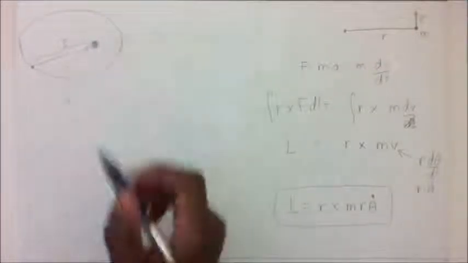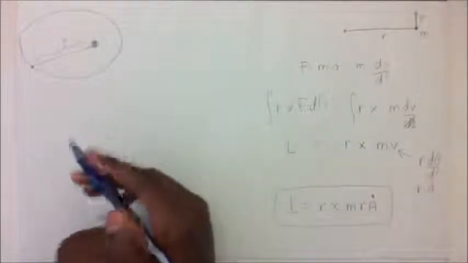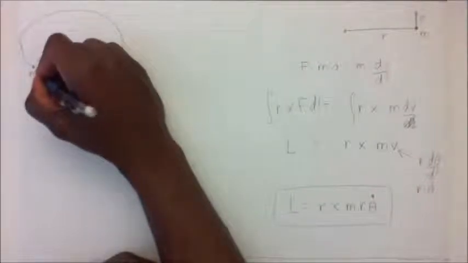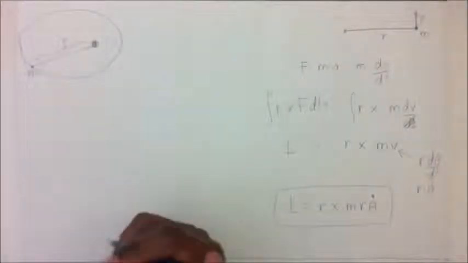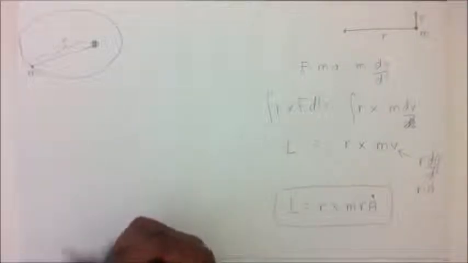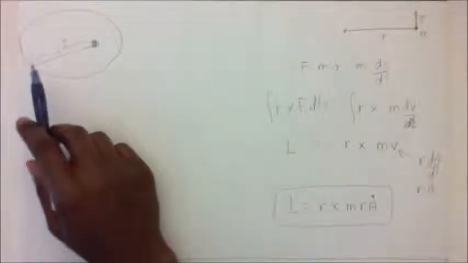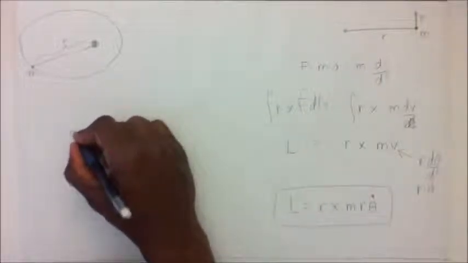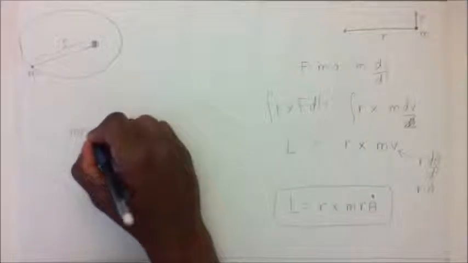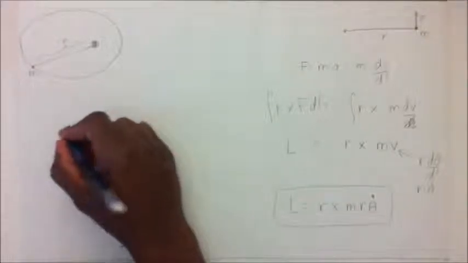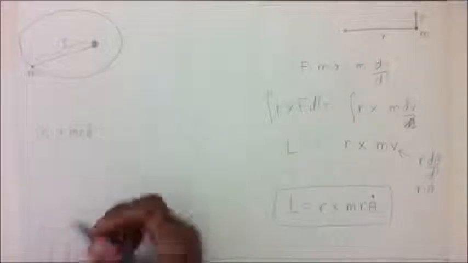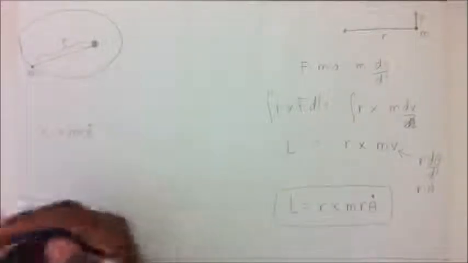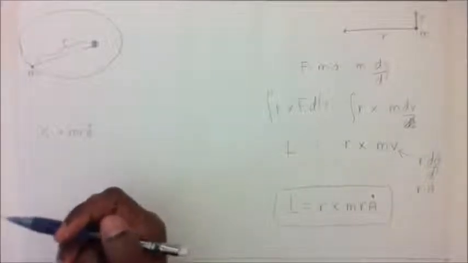Now, if I want the angular momentum here, the planet has a mass which we'll say is m. The mass times r1 theta 1 dot, cross multiplied by r1, is going to be the angular momentum attributed to this planet.